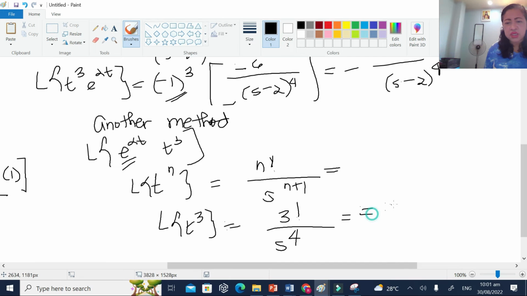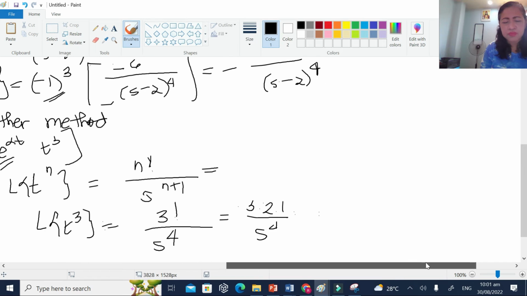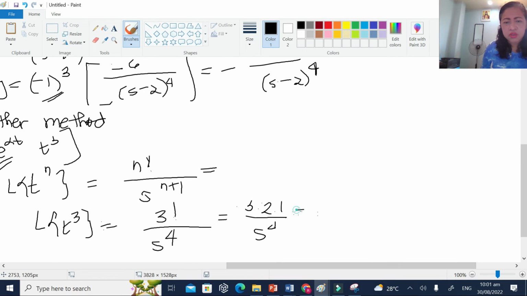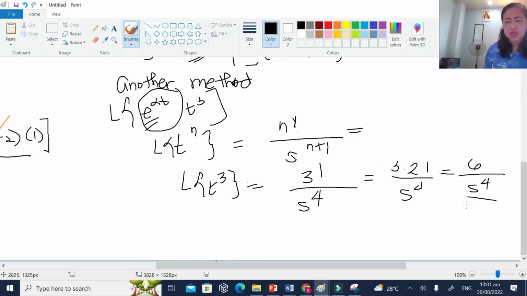That is 3 times 2 times 1 over s to the 4, so that will become 6 over s to the 4. But we have here e to the 2t, so we shift our s.